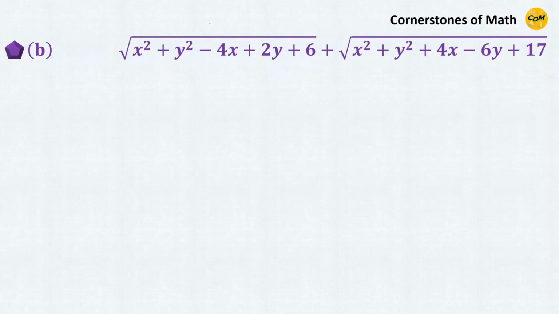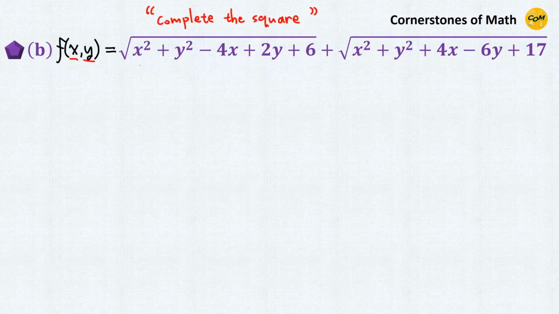And at this point, some of you may have already realized how to approach the second problem geometrically as well. Let the given radical expression be f(x, y), because it is now a multivariable function depending on both x and y. And now we complete the square again, this time both for x and y.